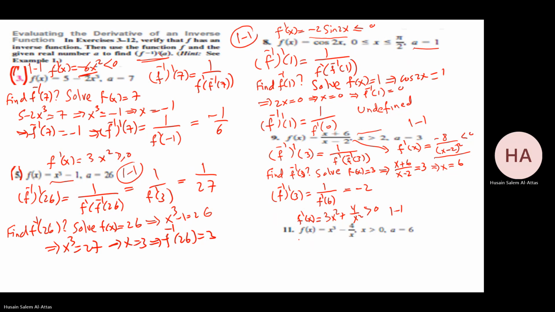I need to find f inverse prime at 6. That will be 1 over f prime at f inverse at 6. So I need to find f inverse at 6.